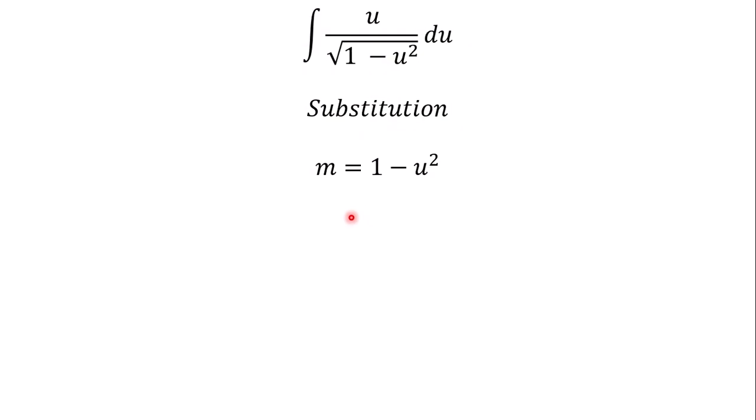Good. Now let's differentiate. dm will be equal to minus 2u du. Now let's find out what is going to replace du. So let's divide both sides by minus 2u.